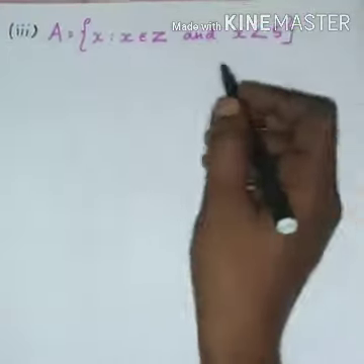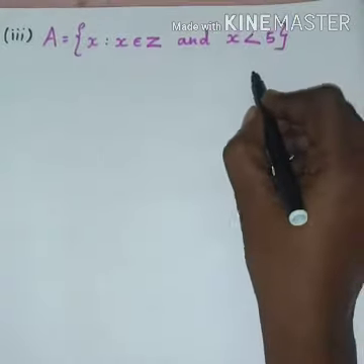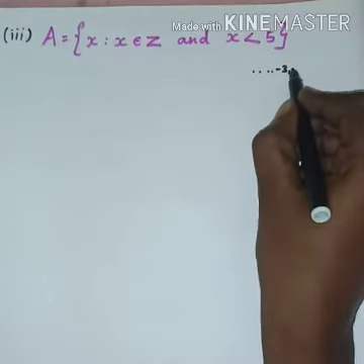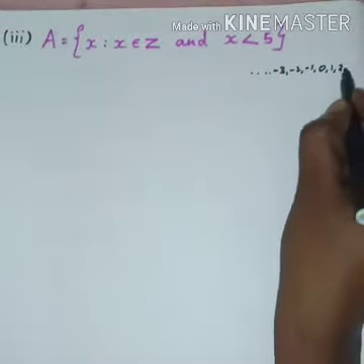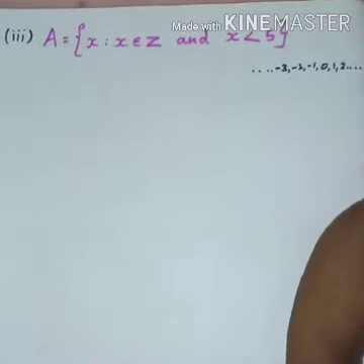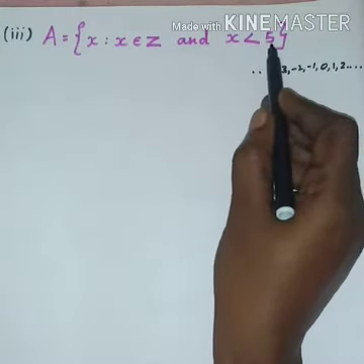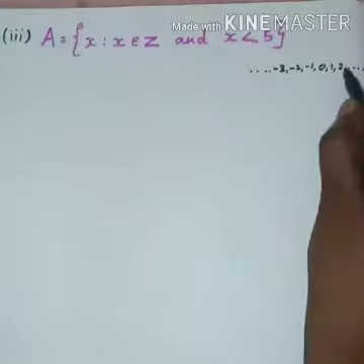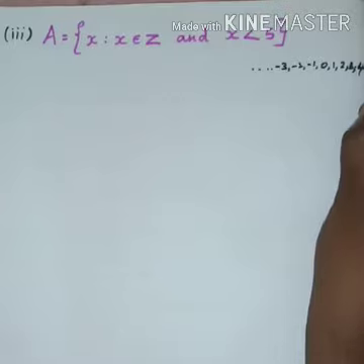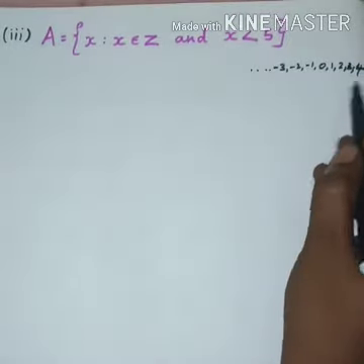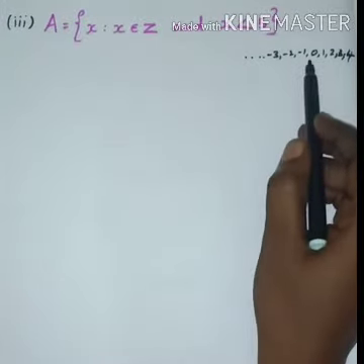What is an integer? Integer is nothing but all the negative numbers -3, -2, -1, 0 and all the positive integers 1, 2, 3 and it goes on. So here the condition is given only for x less than 5, so we should take the positive numbers only up to 4. For the negative numbers, no condition is given.